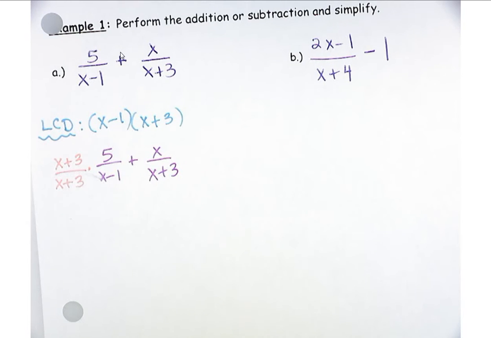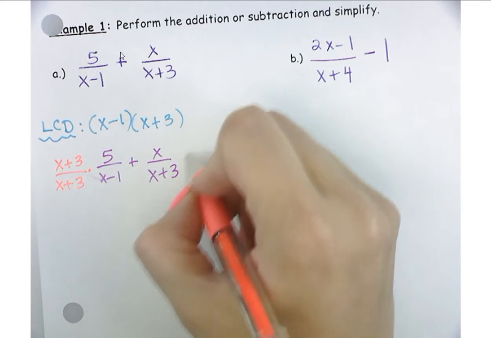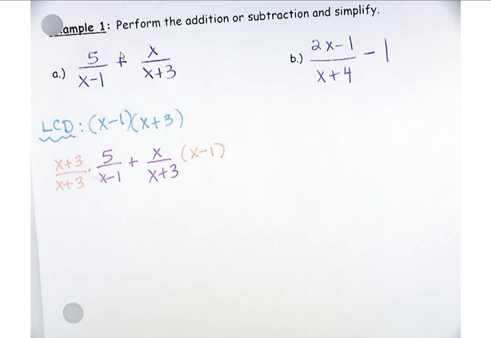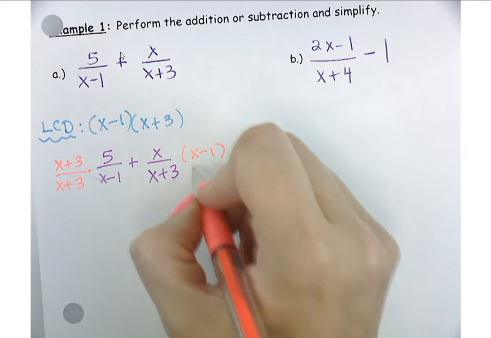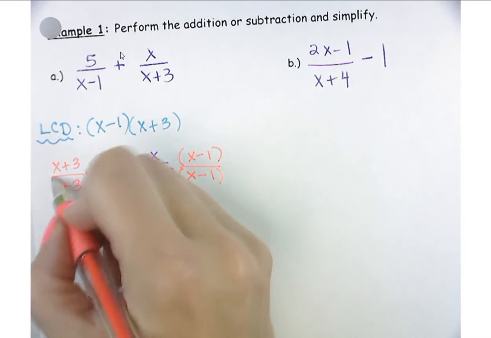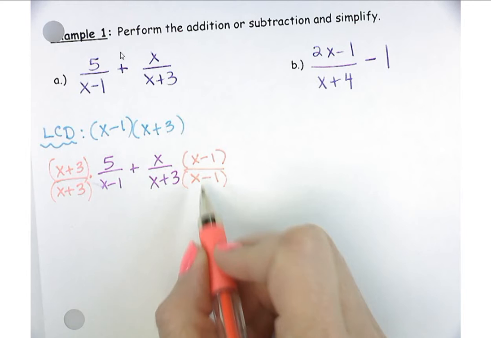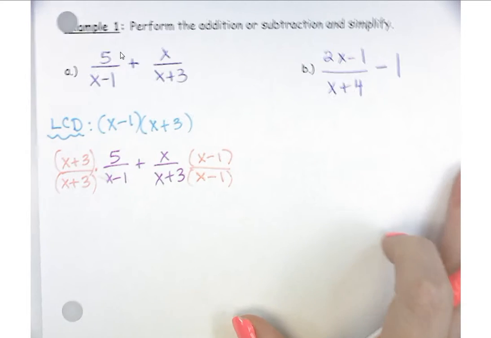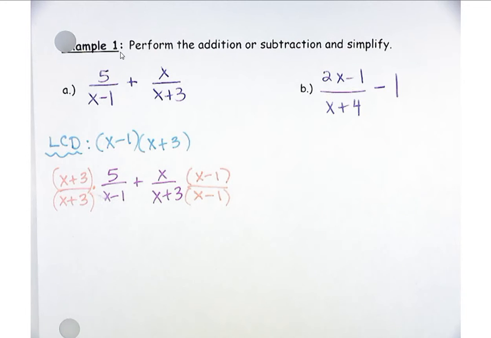Okay, yeah, so a lot of times, and CJ, I'm glad that you said that, because a lot of times people just write this, right? X minus 1. You can't just multiply by x minus 1. We don't have an equation, so it's not like whatever you do to one side you do to the other. What we have is an expression. So if I multiply by x minus 1 over x minus 1, that's okay because I'm multiplying by 1. And if you multiply by 1, what do you get? The same thing. So I'm not changing the value at all.